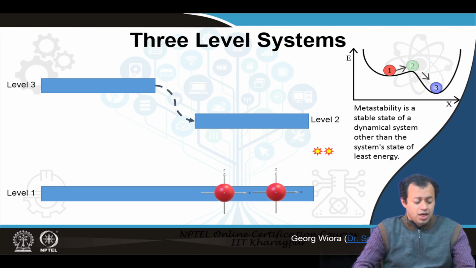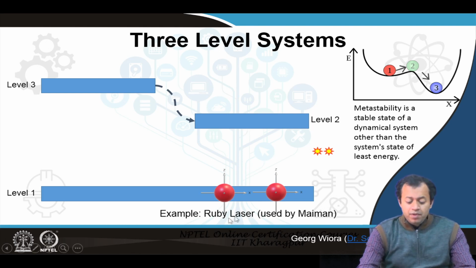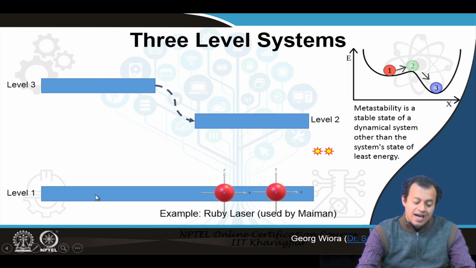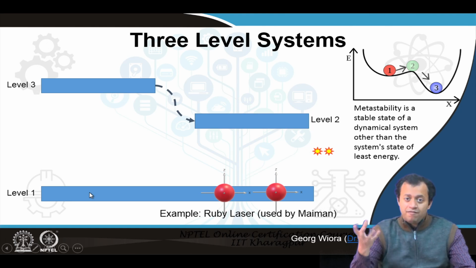Maybe, maybe not. So, an example is the ruby laser. This was the first type of laser used, and it was more stable. Previously they were unable to achieve it because theoretically it was possible, but as soon as the electron goes up, before the next photon has hit, it has already returned due to spontaneous emission. Spontaneous emission happened very, very fast.